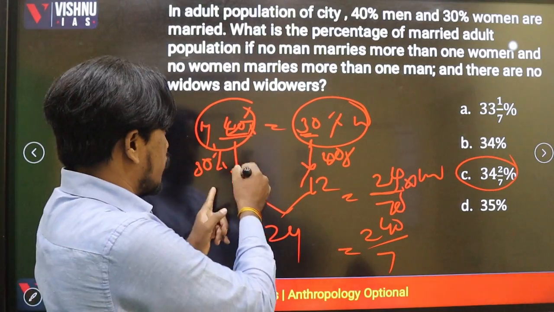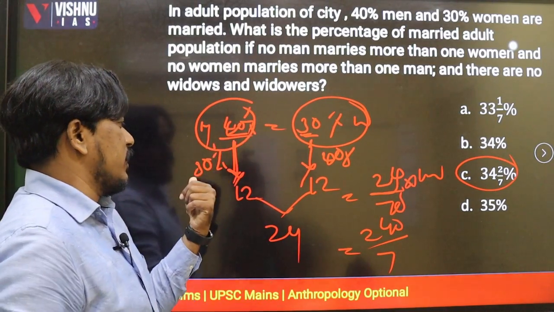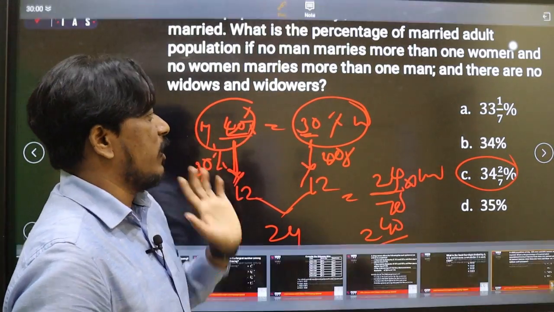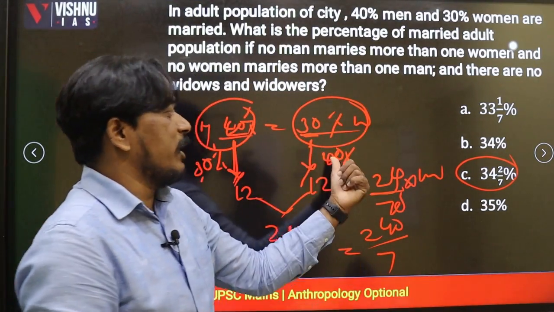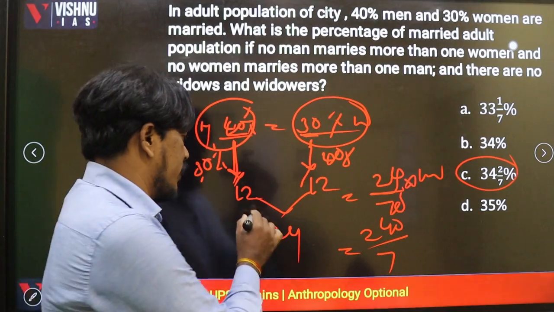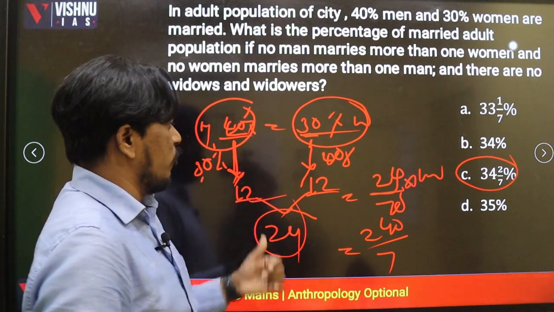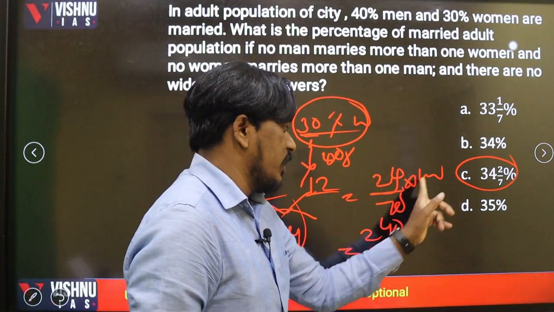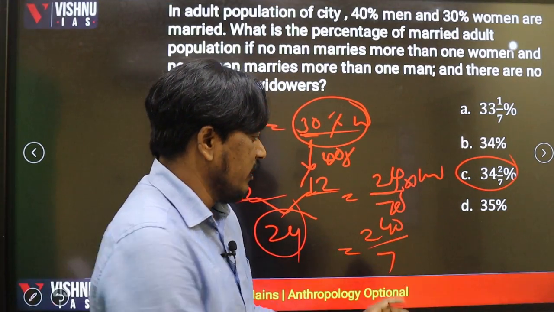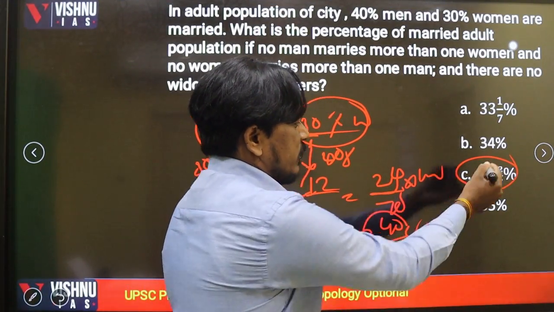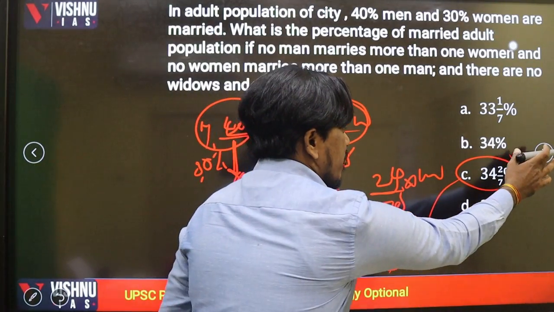So directly we can take 30% of 40 men and 40% of 30 women, 12 and 12. So total we get 24 men and women. Out of the 70 total, we get 240 by 7. If you simplify this, you will get option C.